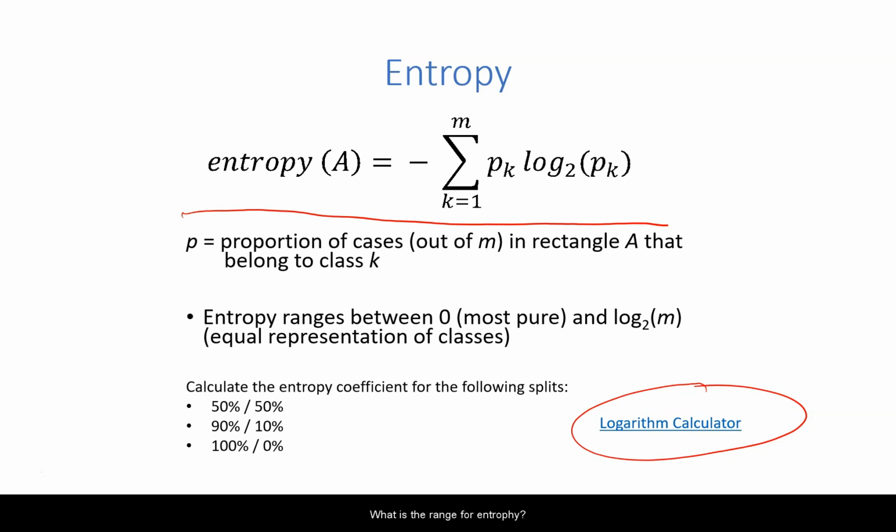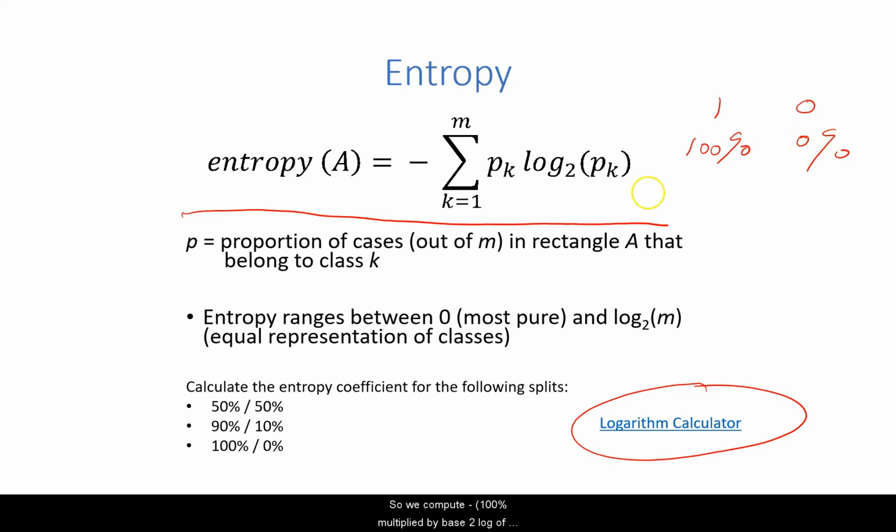So what is the range for entropy? Suppose we have two classes, class 1 and class 0. If all cases in the subset belong to class 1 and none belongs to class 0, then the proportion for the class 1 cases is 100%, and the proportion for the class 0 cases is 0%.